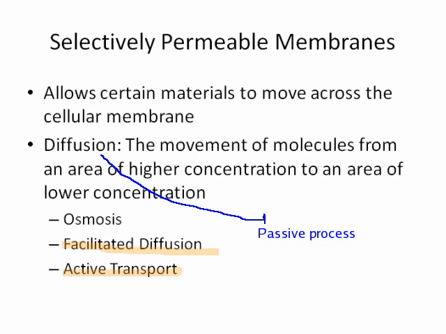Facilitated diffusion, so let me just kind of come back in here real quick. Osmosis is specifically the movement of water, right? Whereas facilitated diffusion is the movement of molecules with help. And active transport is the movement of molecules through the use of ATP.